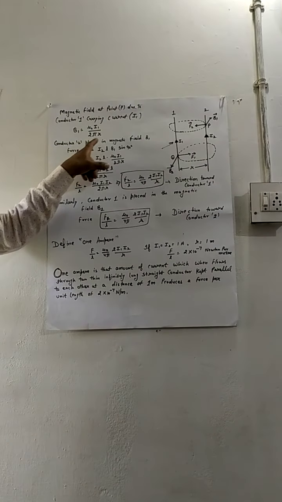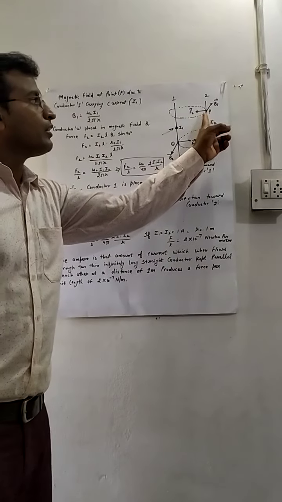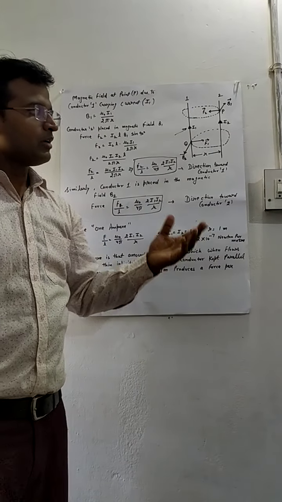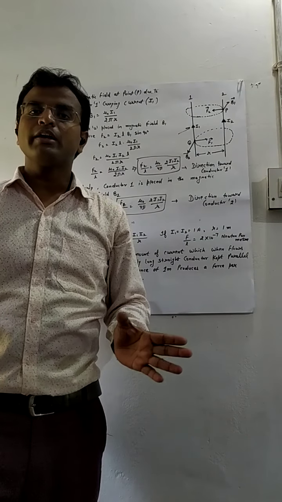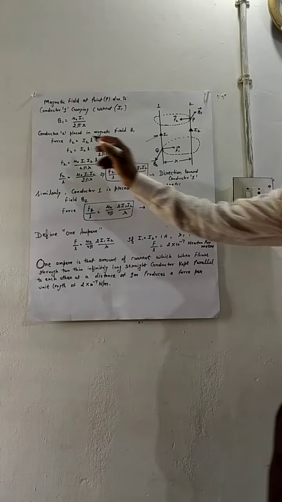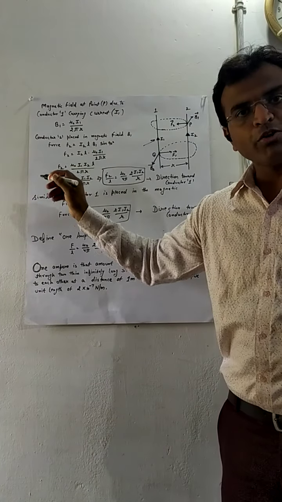Conductor 2 is placed in magnetic field B1, so conductor 2 experiences a force. In the previous topic we discussed the force acting on a current carrying conductor placed in a magnetic field. Now conductor 2 is placed in magnetic field B1, and what is the value of the force?